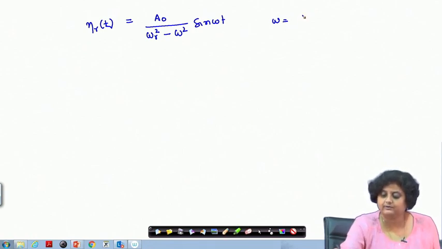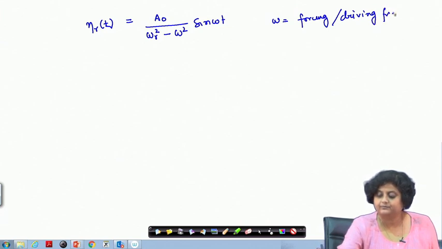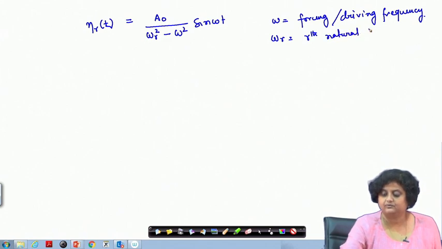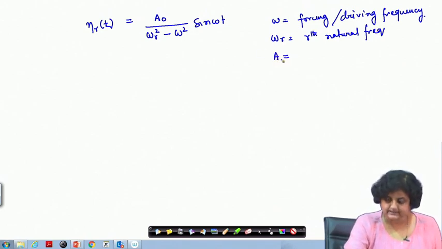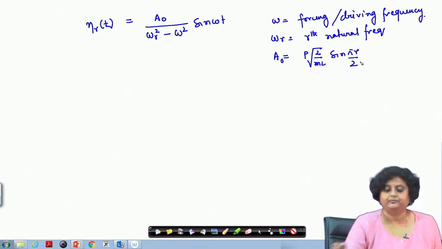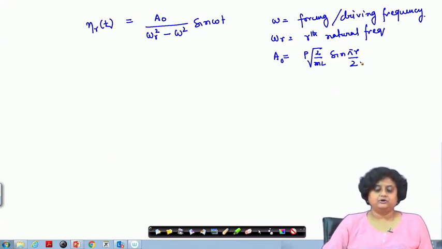where omega is the forcing frequency or driving frequency, and omega r is the rth natural frequency. And of course, we have found out A0 earlier, which was nothing but P into root over 2 by pi ml sin pi r by 2. So, this is going to be the expression for eta r.